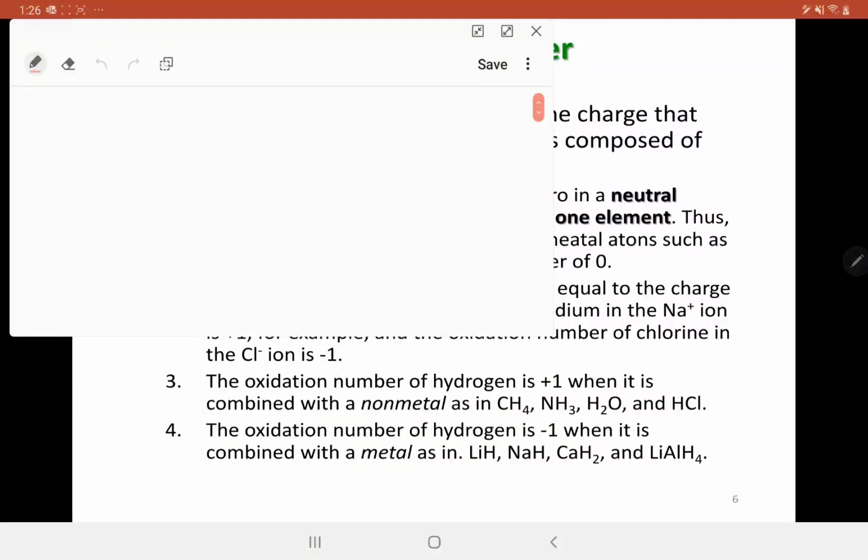According to rule number one, if you have neutral atoms such as, let's say, sodium, magnesium, or aluminium, oxygen, or things like phosphorus, S8, all these chemical compounds are neutral, and the first three are basically in the element form, and you only have one type of atom in them. So if that is the case, their oxidation number is always 0.